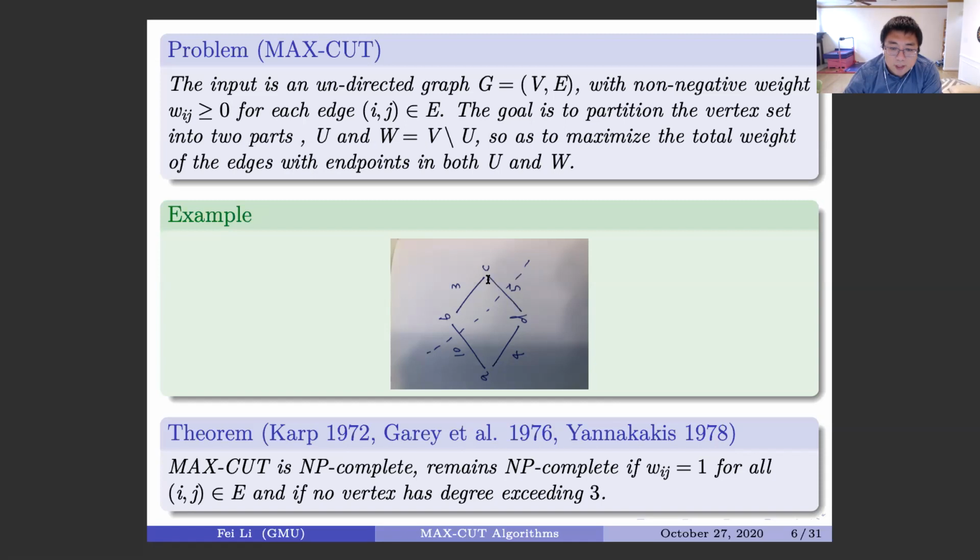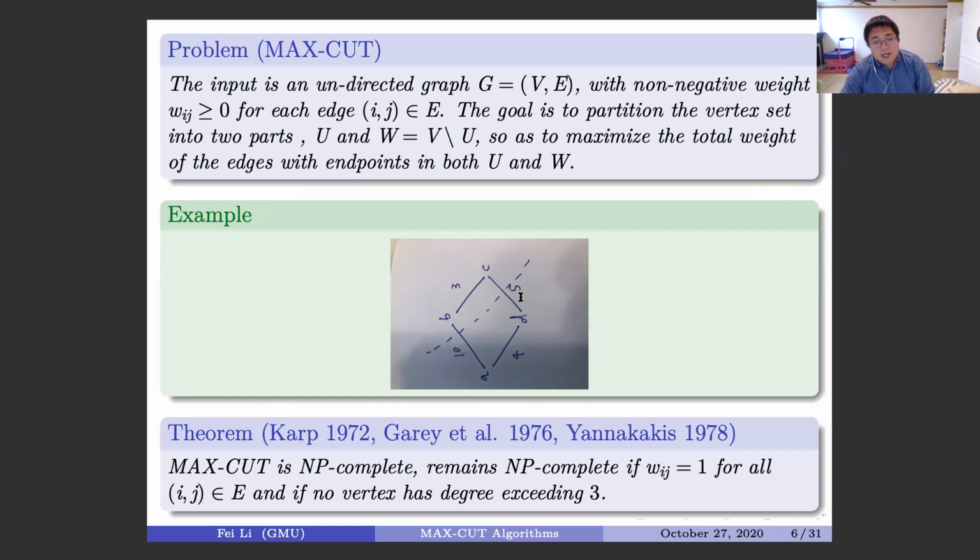But as you can see, we have A, B, C, D, four vertices, with edge weights 10, 3, 5, 4. If you select these two edges, AB and DC, as the cut and remove them, then we have two parts, one containing AD and another containing DC. The cut weight is 10 plus 5, which is 15. So this example shows what the max cut problem asks us to do.